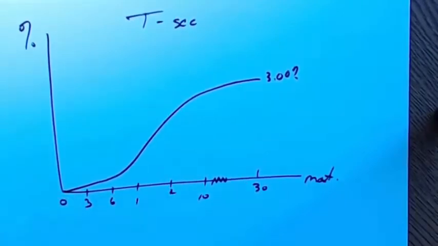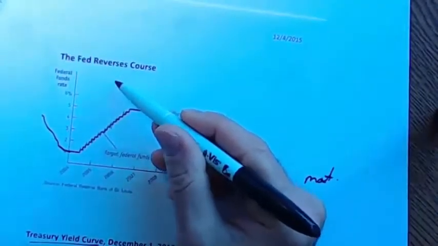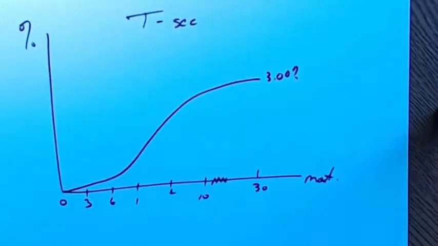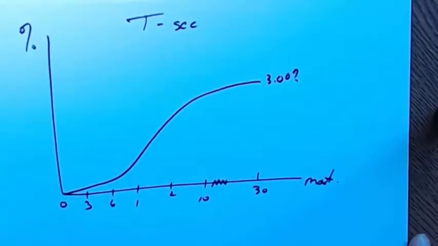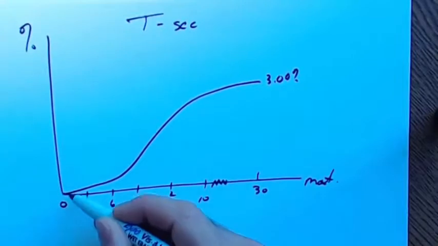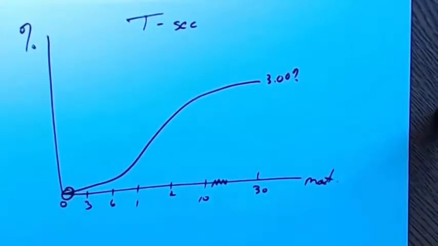And so the Fed funds market that we're looking at is the market for overnight lending and very short term, maybe a week. And in some cases it goes up to 30 days in terms of lending, but it's very short term. It's right here.